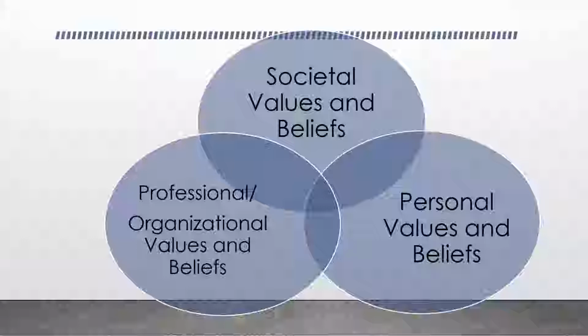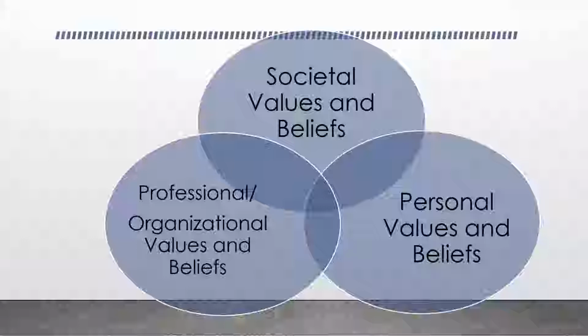Now, the societal values and beliefs, this is our most macro level, and they include kind of the social and cultural norms and assumptions of how people should function in society. And so some of the traditional societal values might be the idea that everyone should go to college, or the most historical one, everyone should pull themselves up by their bootstraps.